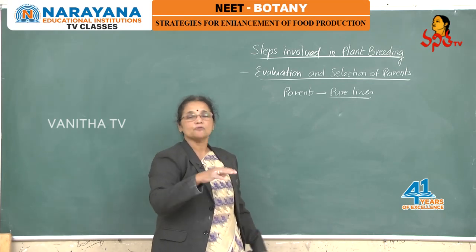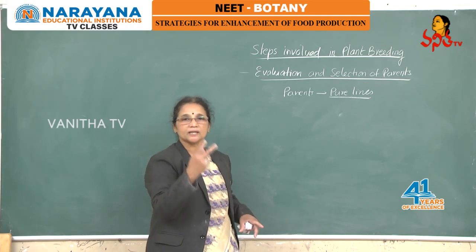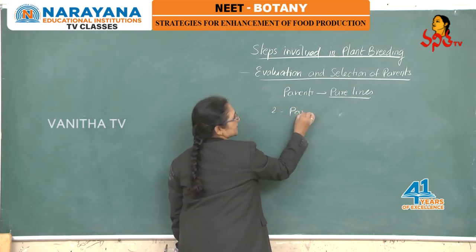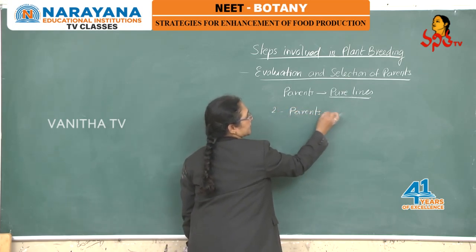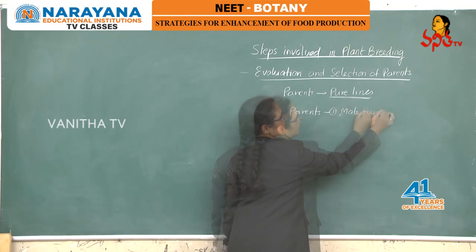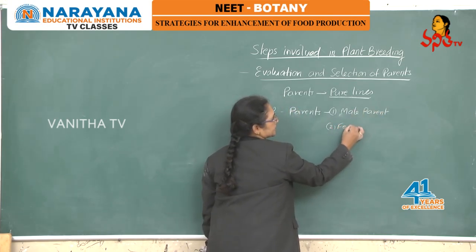For example, from the material we collected in the first step, we selected at least 2 parents. One is acting as male parent and the other is acting as female parent.